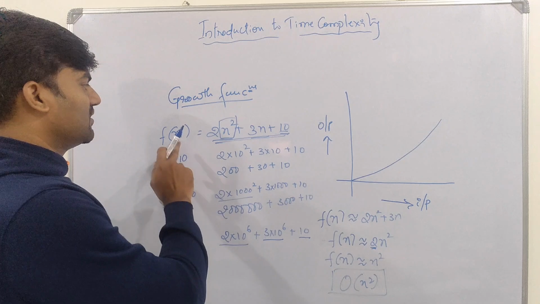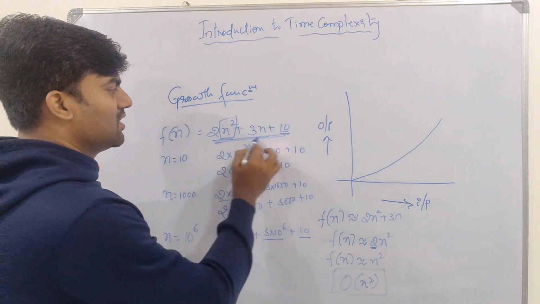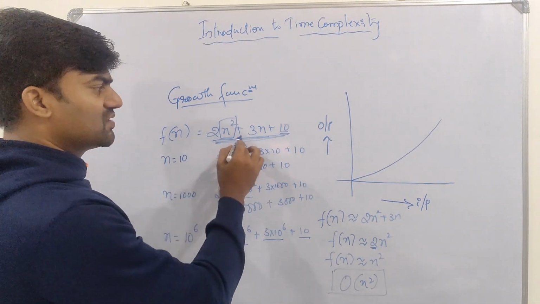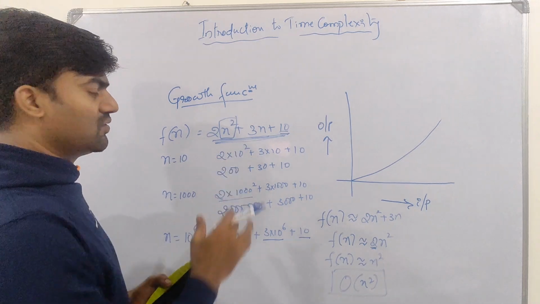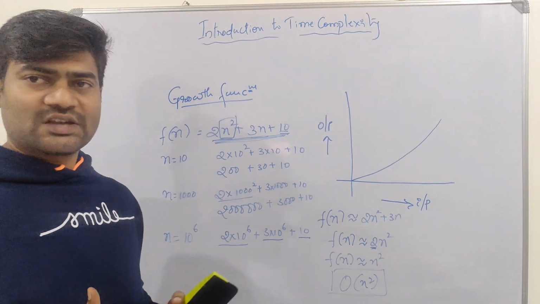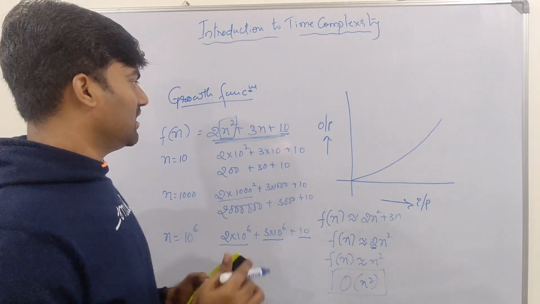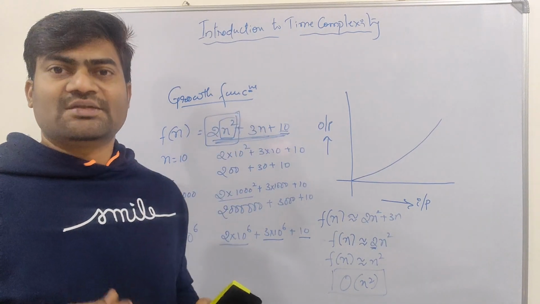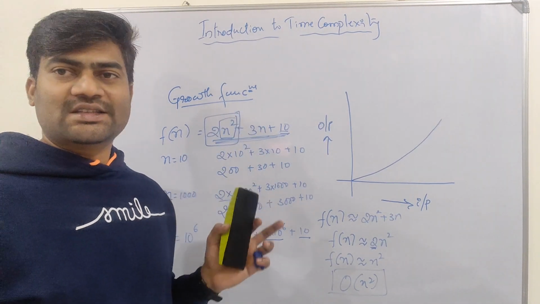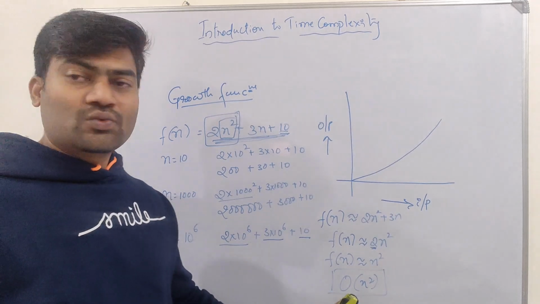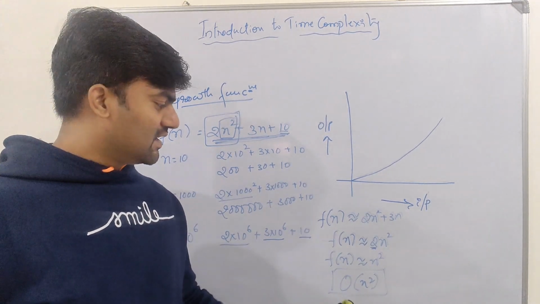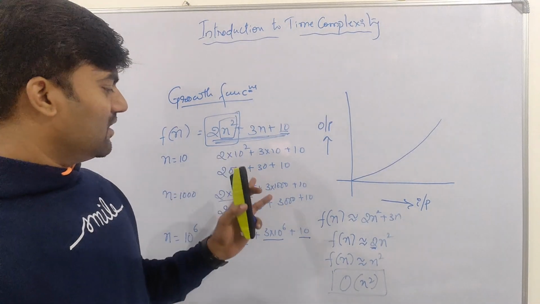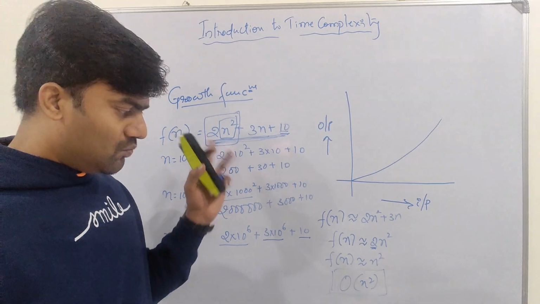So this function is 2n square plus 3n plus 10. If we consider larger values of n, then the contribution of the highest order term is more, and that term we consider to compute the asymptotic equation of this particular polynomial.